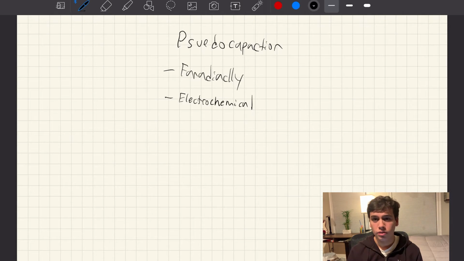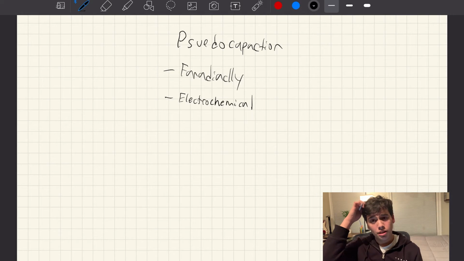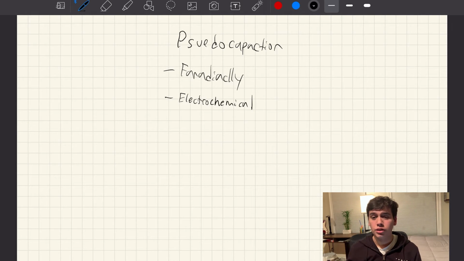If you know anything about batteries, like lithium-ion batteries, you'll know that those types of batteries are electrochemical because there are charges crossing through the membranes.